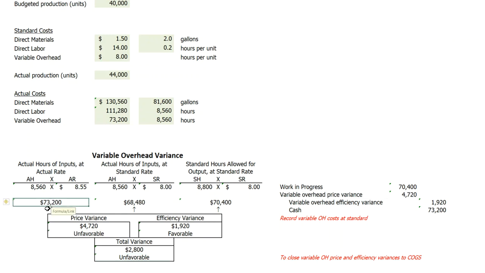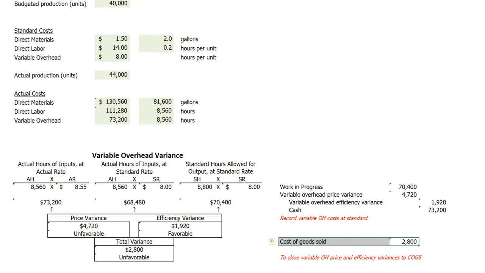Now, our actual overhead was $73,000. We only applied $70,400. So work in process is too low by $2,800. Finished goods is too low by $2,800, which means cost of goods sold is too low by $2,800. So we're going to need to debit or increase cost of goods sold by $2,800.